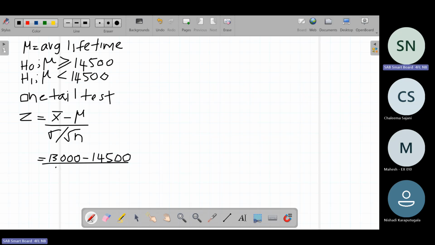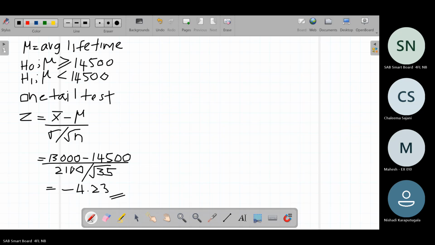Standard deviation is 2,100 divided by square root of 35. This gives minus 4.23.